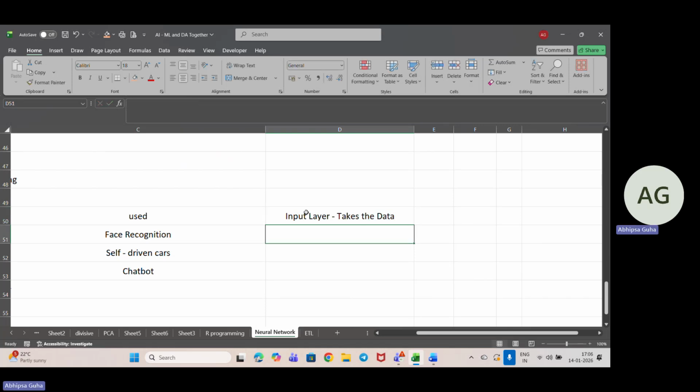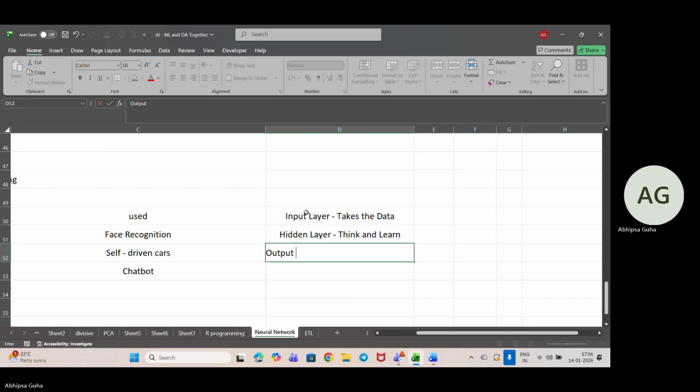Next, we have the hidden layer, that can learn. Next, we have the output layer, that gives the answer.